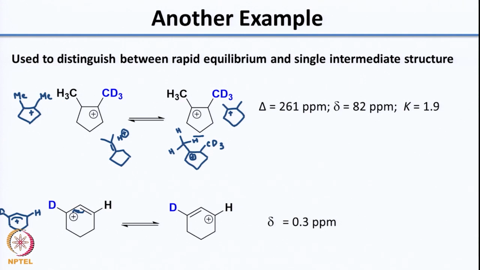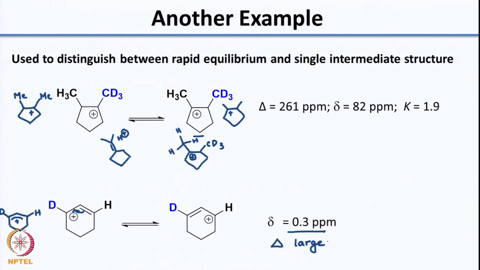If that were the case, you would not see any great perturbation in the equilibrium constant. That is essentially what you observe: a small delta value of 0.3 ppm. This is very small considering that the large delta value in this case would be very large.